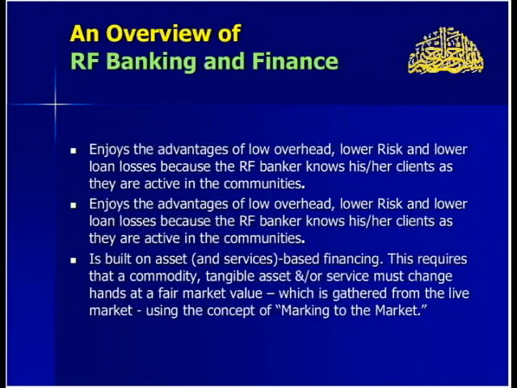It enjoys the advantages of low overhead, and the reason we have low overhead is that we have men and women who are motivated by servicing people and are very efficient in their productivity. And the most important thing about the low overhead is that the percentage of bad loans is lower than the average riba-based banks.